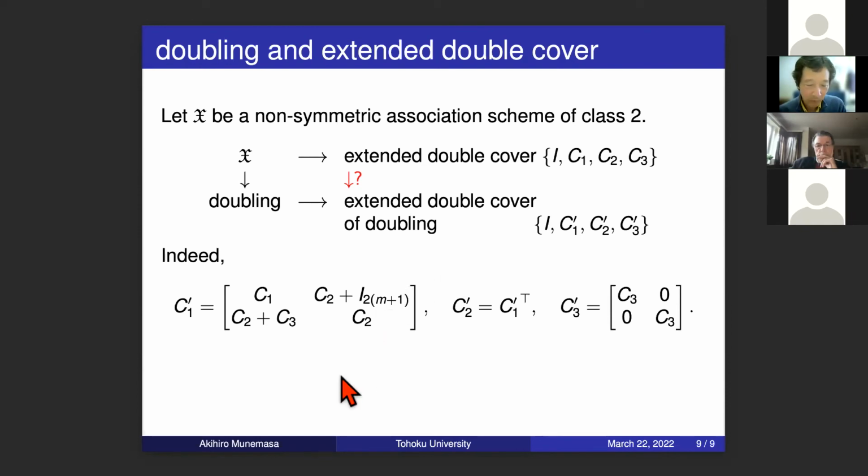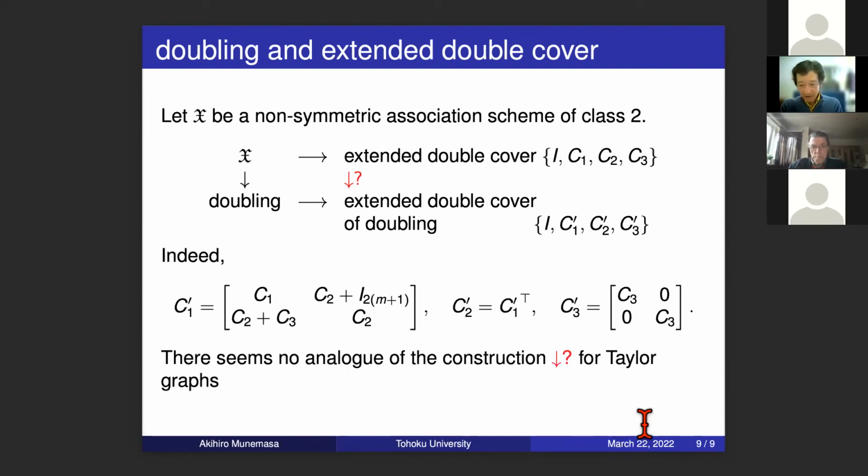So if we arrange the C1, C2, C3 inside this block matrix C1 prime in this manner, and define C2 prime to be the transpose of C1 prime, and you have no choice, and C3 prime is a diagonal join of C3, then this turns out to be the extended double cover of a doubling. So this is the direct description of the composition of two constructions.